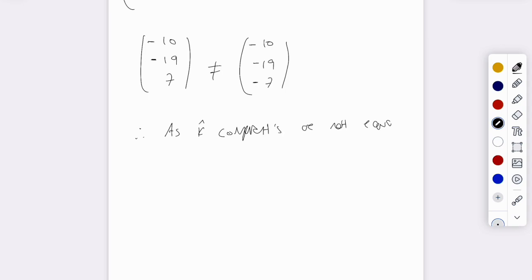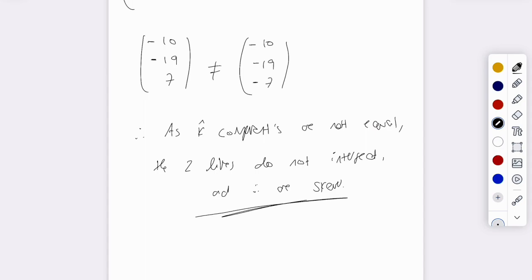So as they are not equal, we can say that they do not intersect, therefore the lines are skew. Okay, cool, and that's going to be the final answer for that question, guys.